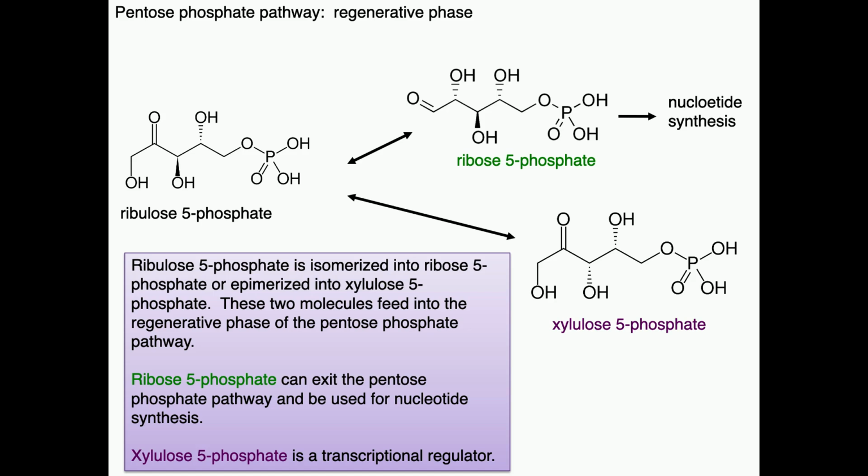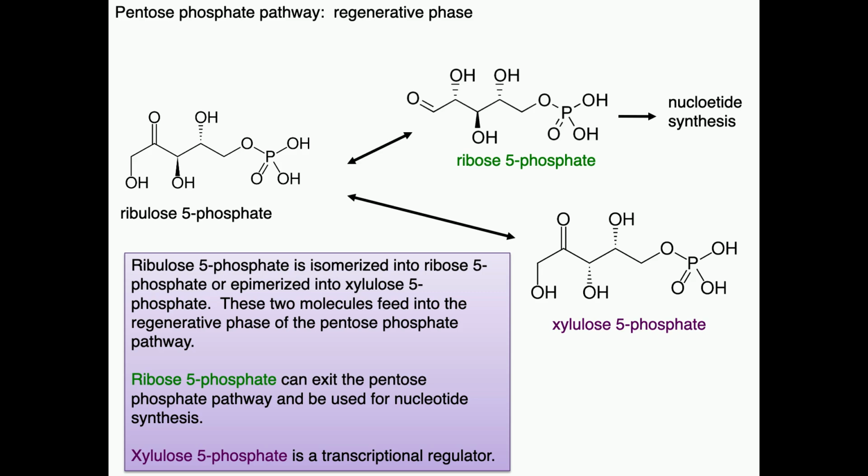So the regenerative phase is taking the sugar product of the oxidative phase, ribulose 5-phosphate. That can be converted into ribose 5-phosphate, and the ribose 5-phosphate can go on to be a substrate for phosphoribosyl pyrophosphate synthase and so on to make nucleotides.